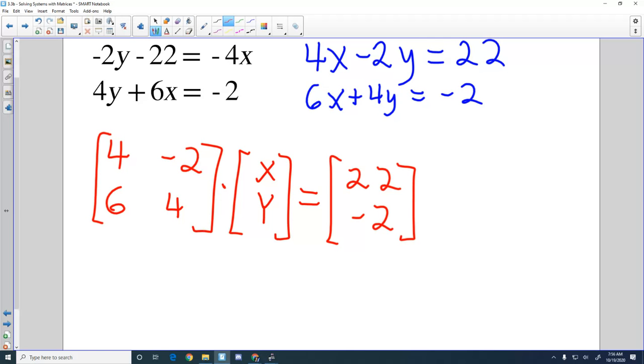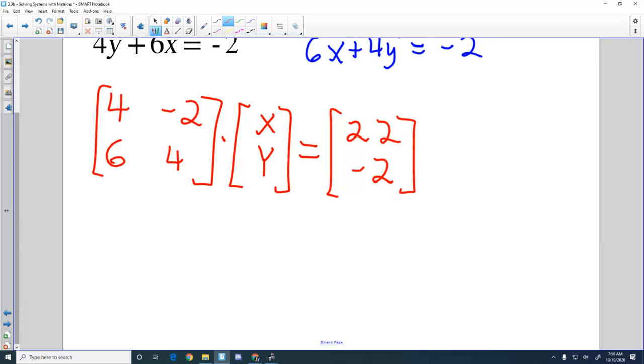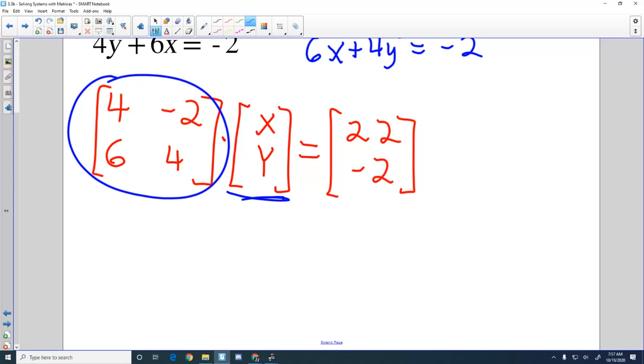So here's our matrix equation. The coefficient matrix times the variable matrix equals the constant matrix. Now we want to get the variable matrix by itself, so I've got to cancel out this matrix on the left.